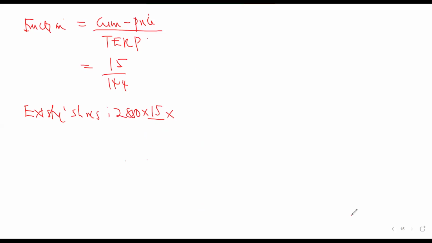So we have the existing shares over here, 2880, multiplied by 15 over 14.4, multiplied by 14.4 multiplied by 2 over 12, because October to December is 2 months. So we do 2 over 12.